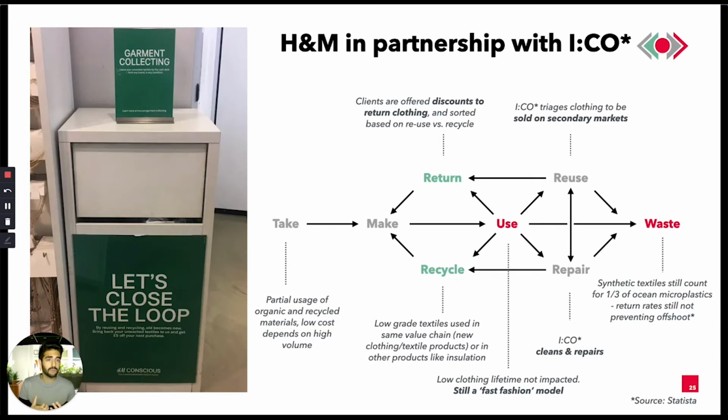It can also be for reuse and repair, but we estimate that being very limited due to the secondhand markets and repair of fast fashion clothing being rather limited. But what you can see from this diagram is that from going kind of all red after the take-make phase, this partnership with ICO has enabled H&M to make some positive impact on its circular impact.